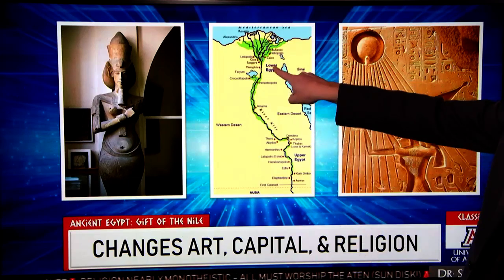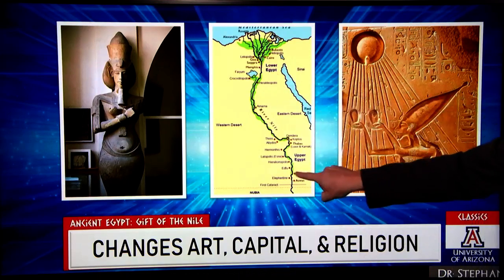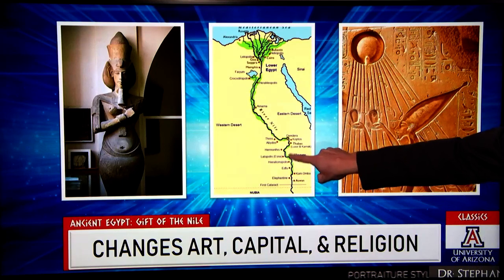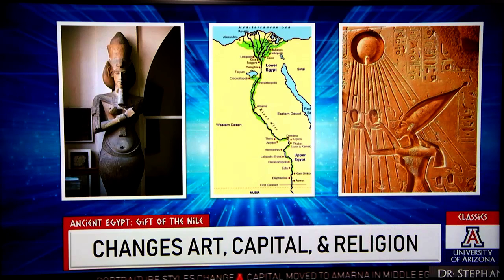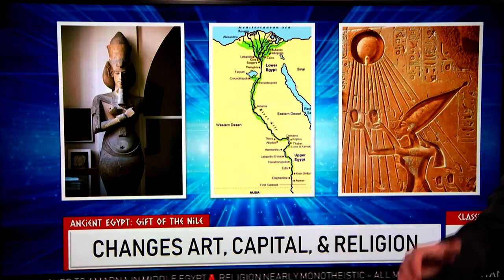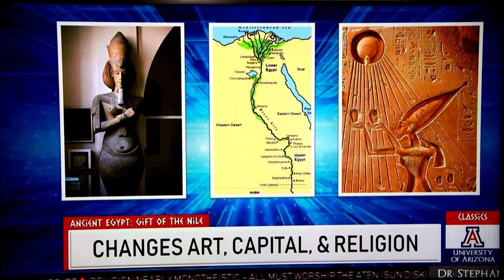So in the Old Kingdom, it was up here in the Delta. In the New Kingdom, it's down here in Upper Egypt where Karnak and Luxor and Thebes are. And now what Amenhotep IV, or Akhenaten, does is he puts the capital, boom, straight in the middle of ancient Egypt.